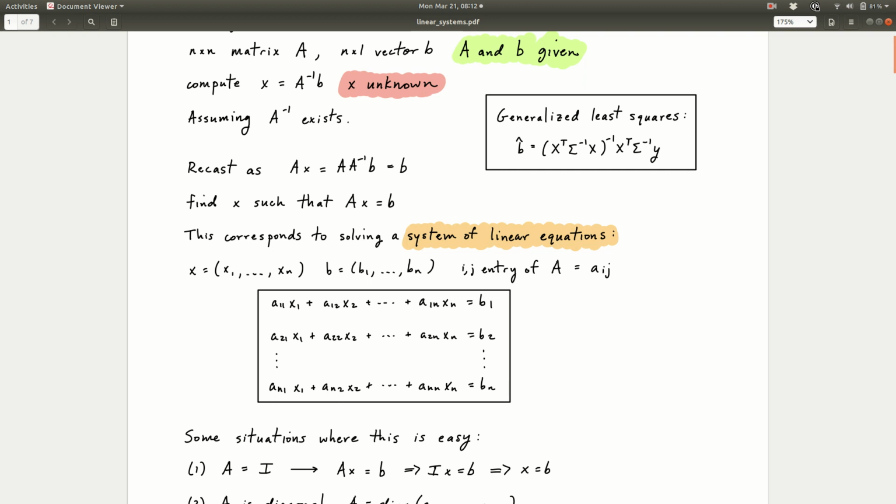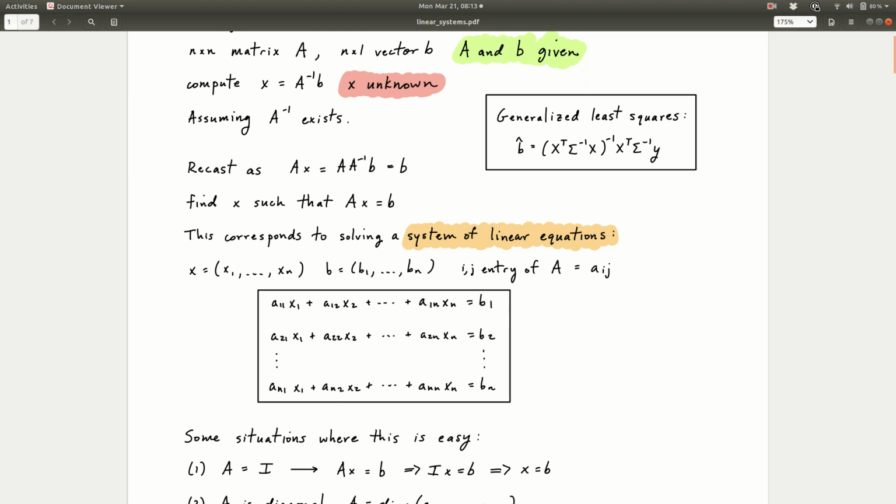If we take this matrix expression, Ax equals b, and write it out in terms of the coefficients in these various objects, we get this here. This is the system of linear equations that we would like to solve.